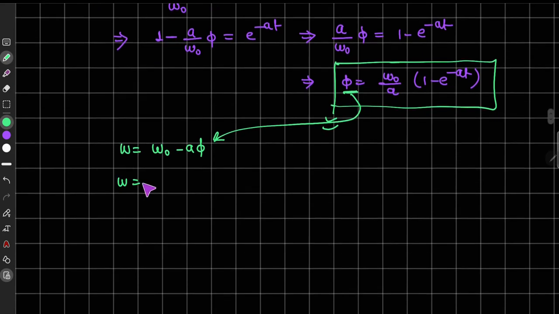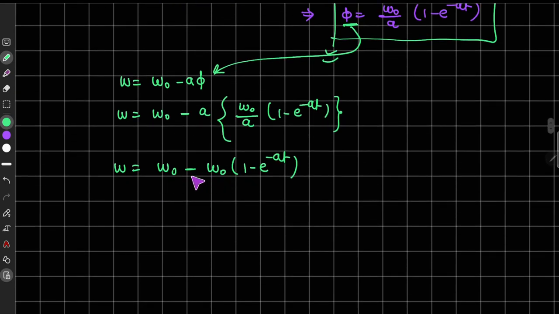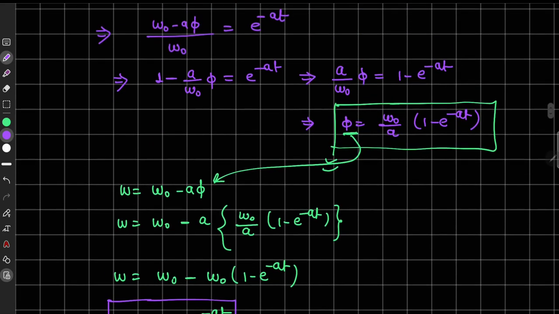So omega is equal to omega naught minus a times omega naught divided by a into 1 minus e to the power minus at. So we get omega naught minus omega naught times 1 minus e to the power minus at. Here omega naught and omega naught cancel and we get omega naught times e to the power minus at. So here we also got the angular velocity as a function of time and the rotation angle as a function of time.